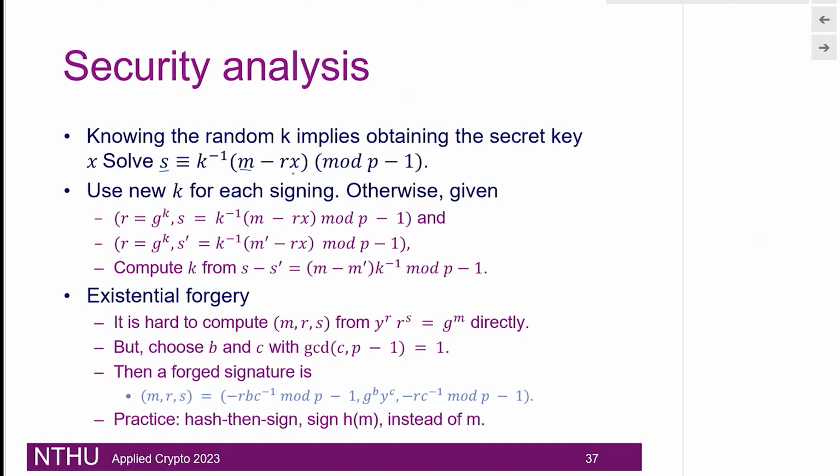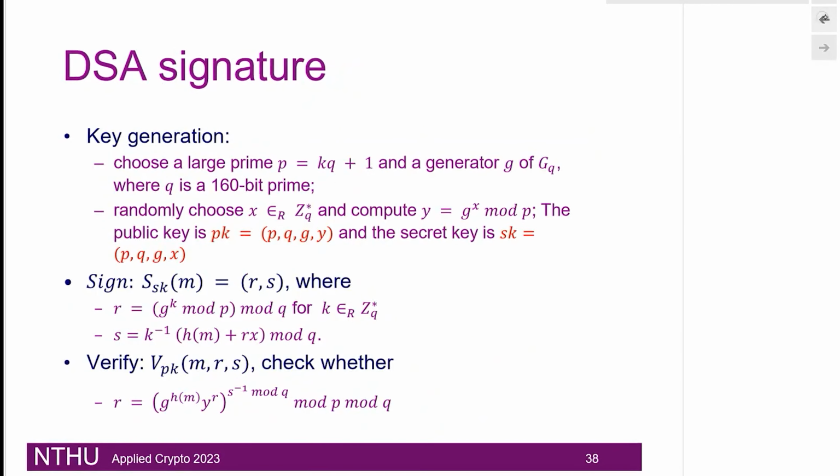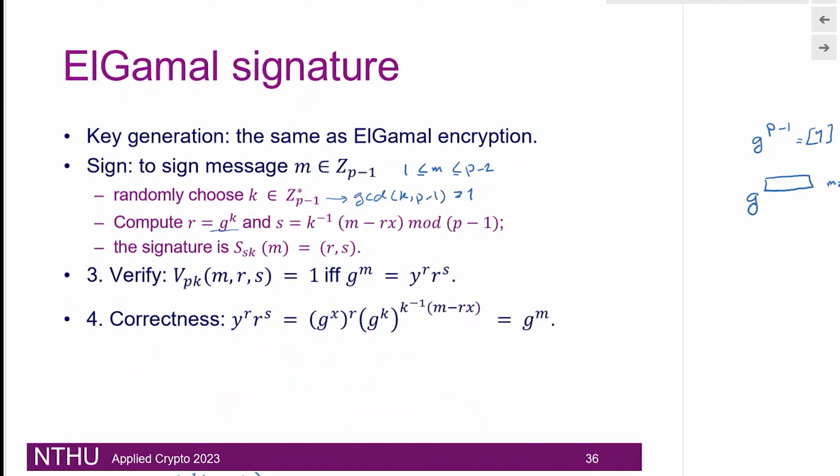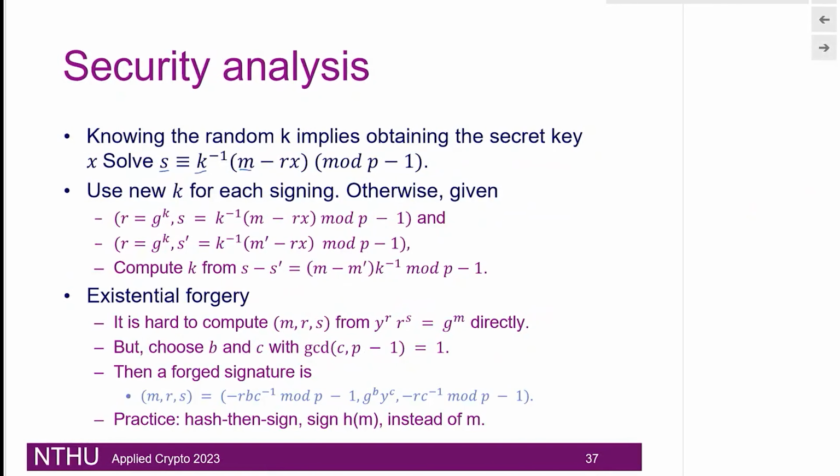Then when you leak K, everybody can also compute the inverse of K. And R, if you go back, is nothing but g to the K again. So the value of R is already part of the signature, so everybody knows about it. So when you leak K, people can compute the inverse of K. And if you look into this equation, you have one equation, one unknown, which is X. So we can solve this problem to retrieve the signer's secret key.